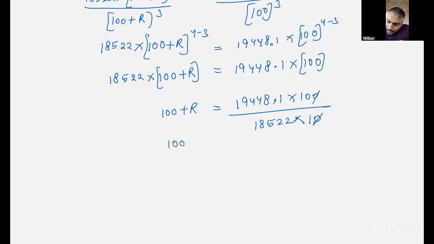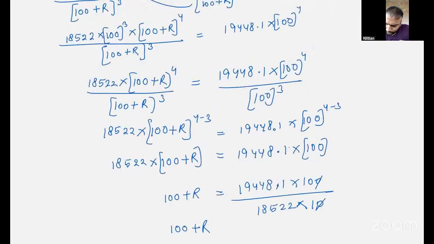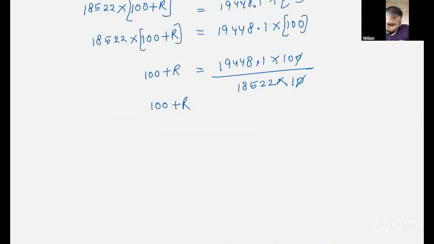If I simply divide that, what's the number? 1944810 divided by 18522.